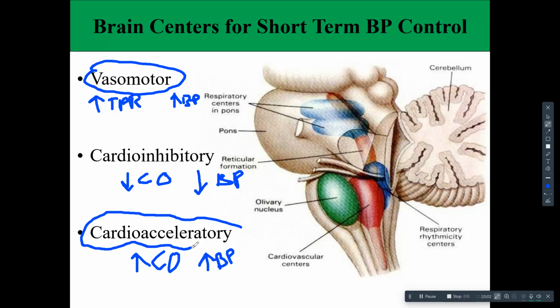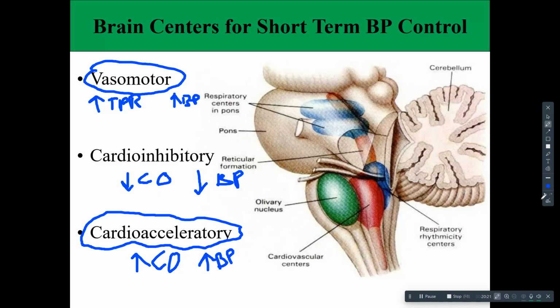They are both having the same effect on blood pressure. In general, if I know what cardioacceleratory is doing, I know what vasomotor is doing, and it's the same thing, and vice versa. And whatever these guys are doing, cardioinhibitory is doing the opposite.